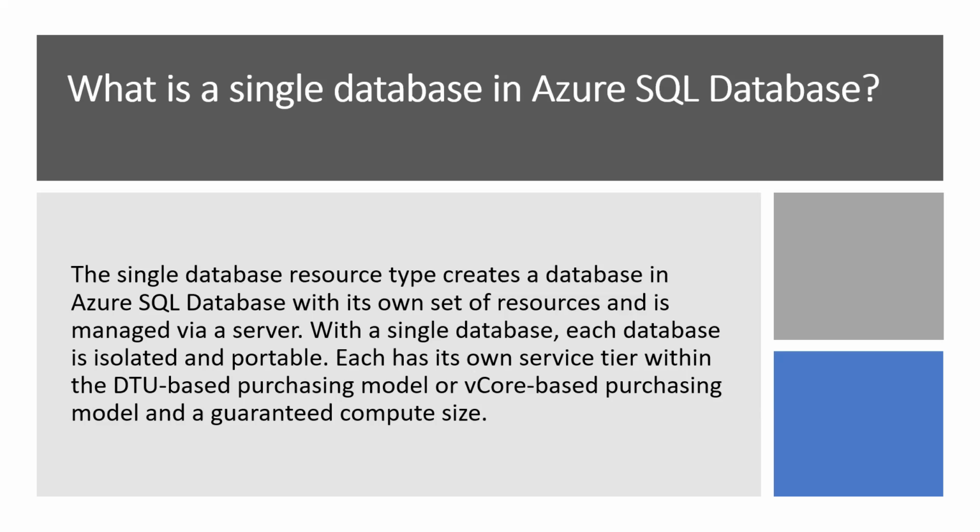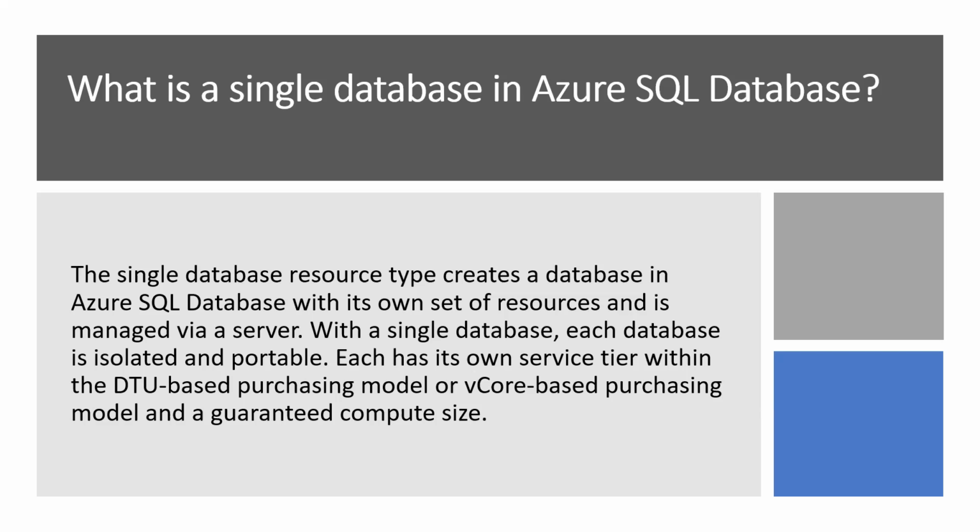Either we can choose single database, and there will be an option, do you want the elastic pool? If we select yes, then we have an option to select that database as elastic pool. If we don't check that option, then it will be a single database.